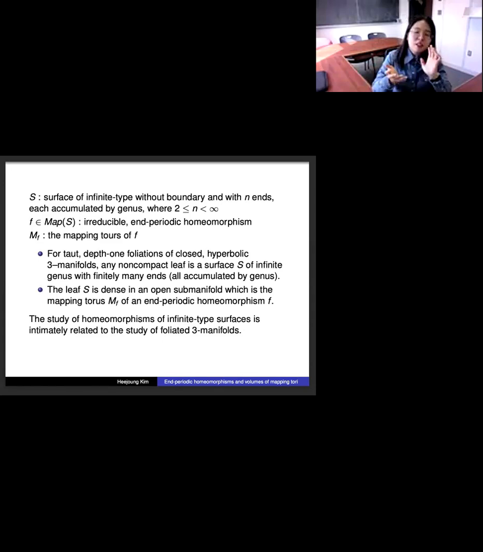So the study of homeomorphisms of infinite type surfaces is related to the study of foliated three manifolds, and the mapping torus of an end periodic homeomorphism is still interesting to study. Okay.